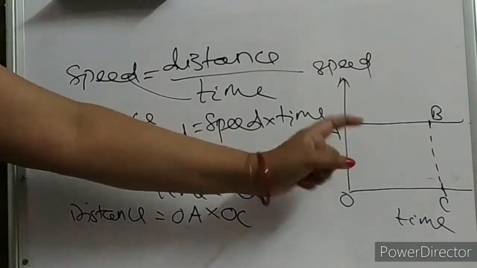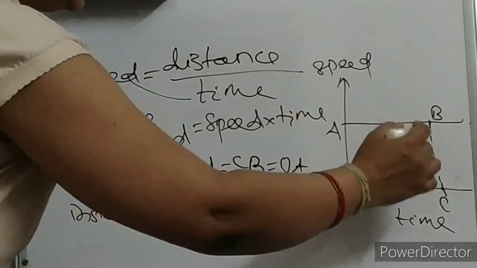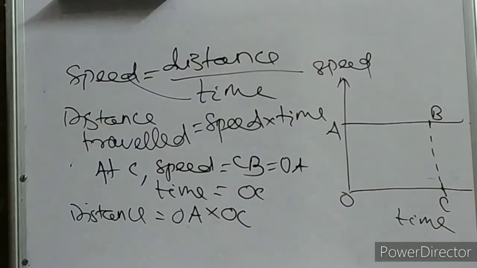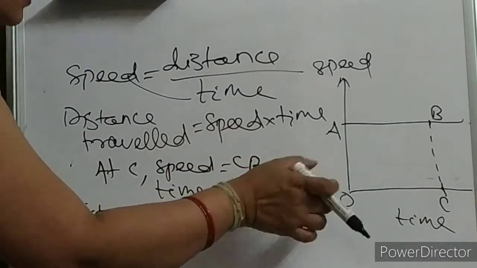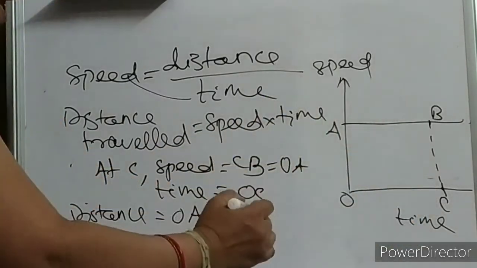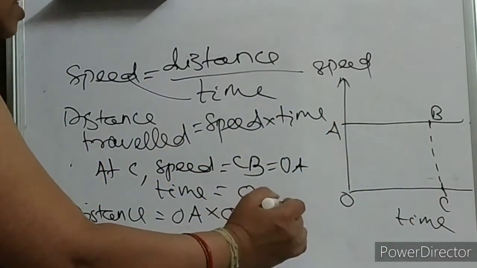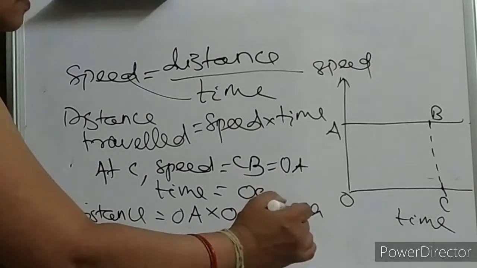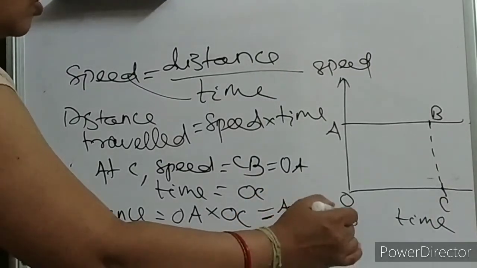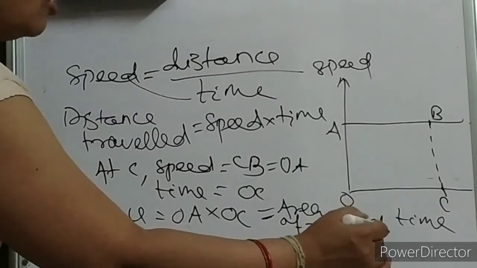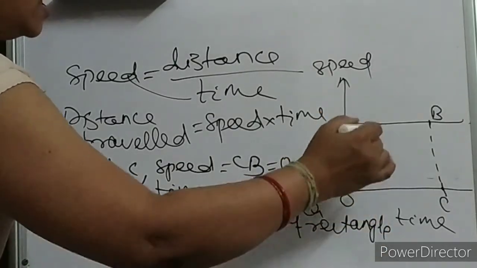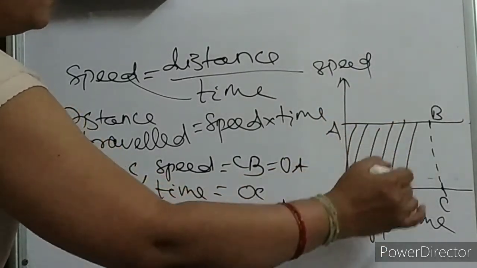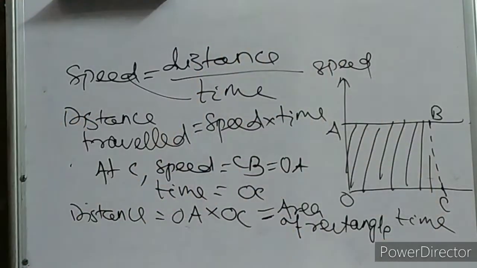Can you find out what this is? See, this is a rectangle only. That means we are actually calculating the area of the rectangle, the area covered by the graph. So the area covered by the graph gives you the distance traveled. Simple.